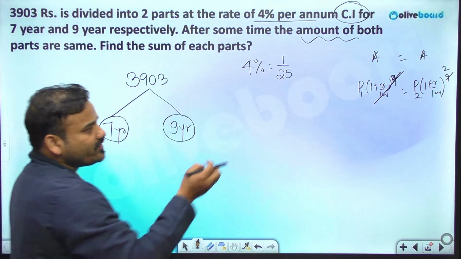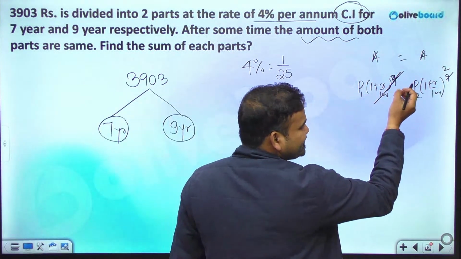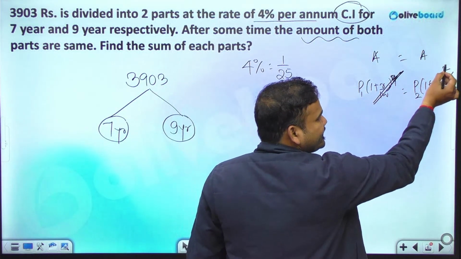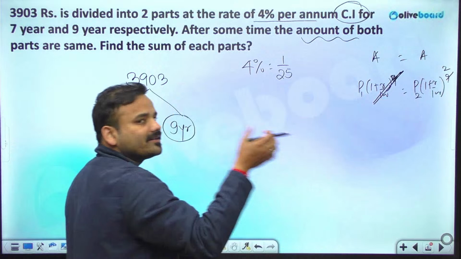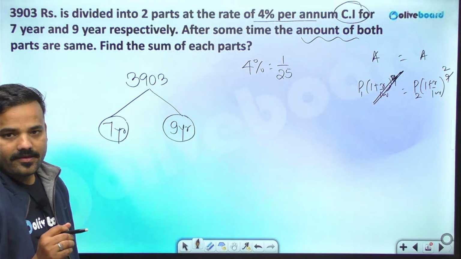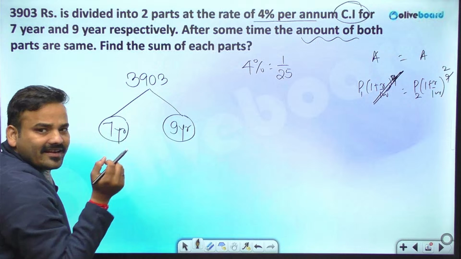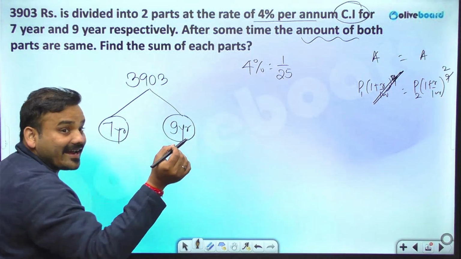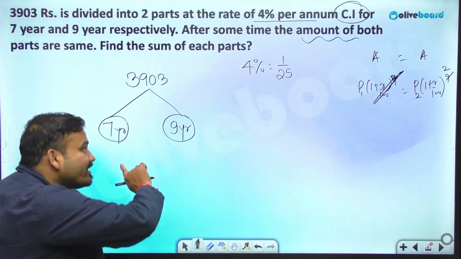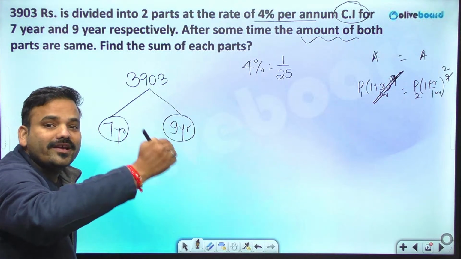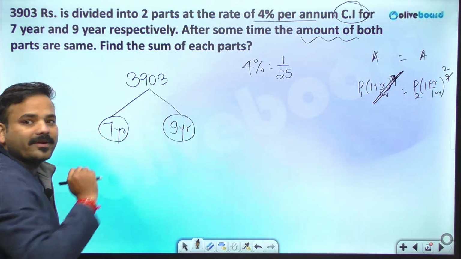And according to the formula, we can evaluate that this entire thing is eliminated and this 2 is left out. This 2 is nothing but the age gap. This person has 7 years in hand and this person has 9 years. That means he has 2 years extra, so he is supposed to get interest for 2 years more as compared to this person.